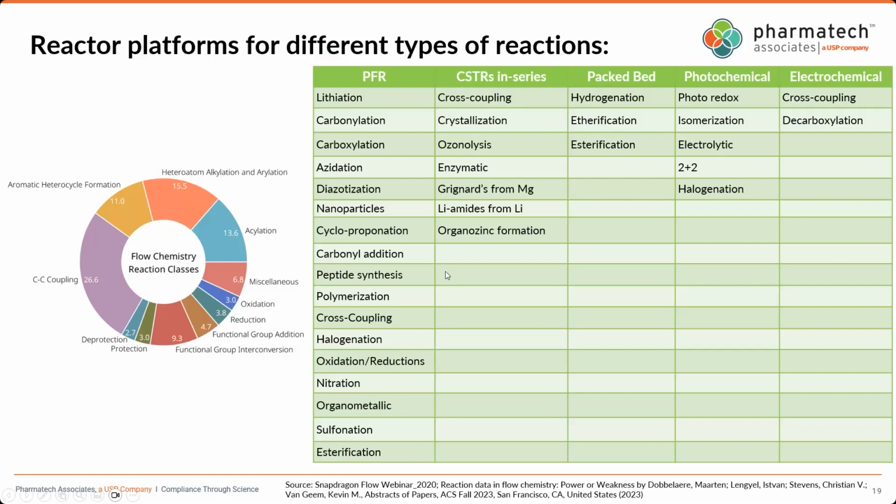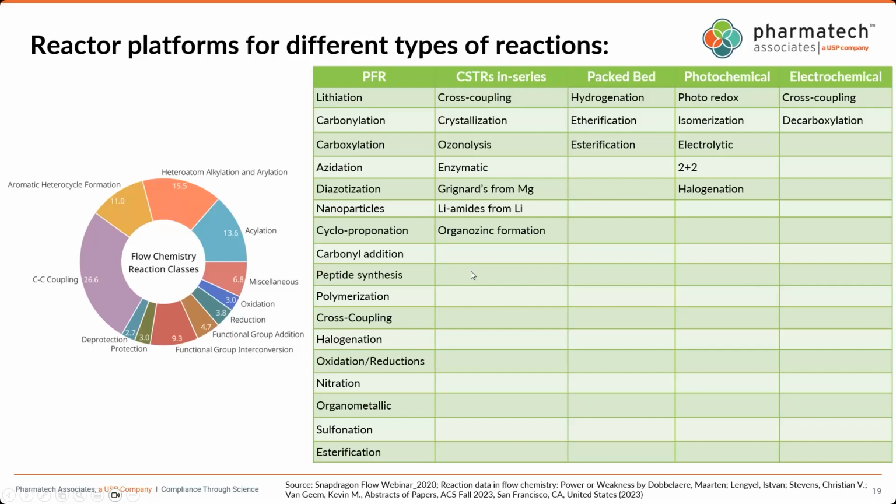So depending on the requirements of your process, you can choose the reactor. But this table just gives you a very high-level, quick evaluation of what type of chemical transformation is being carried out in what type of reactors.